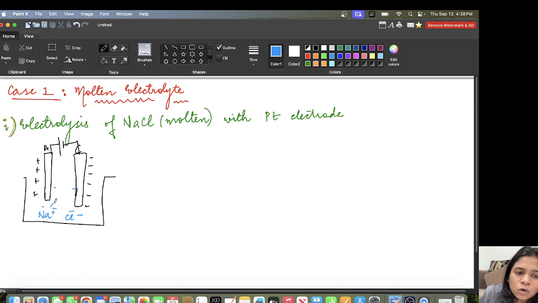Na plus will go to the cathode, and Cl minus will go to the anode. What happens in the anode? In anode, oxidation happens, right? So how will the reaction take place?